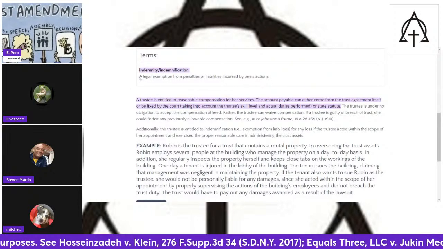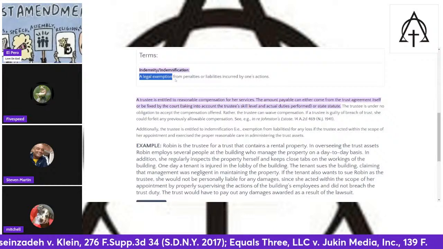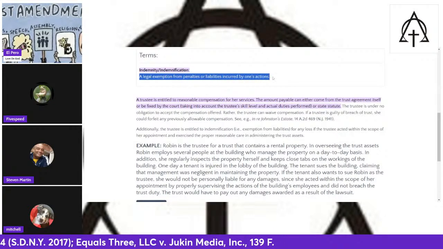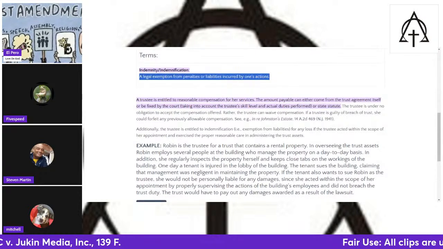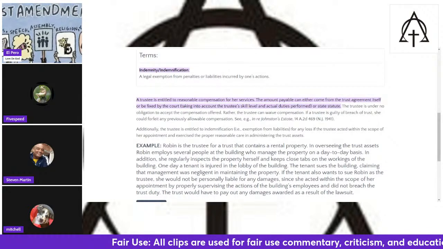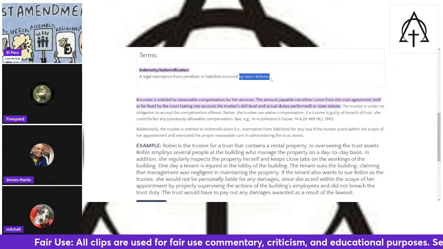Yep. And here it says, indemnification is a legal exemption from penalties or liabilities incurred by one's actions. This is the without prejudice, without recourse. You're not taking on liabilities. Okay, same thing. It's a legal exemption from penalties or liabilities incurred by one's actions.